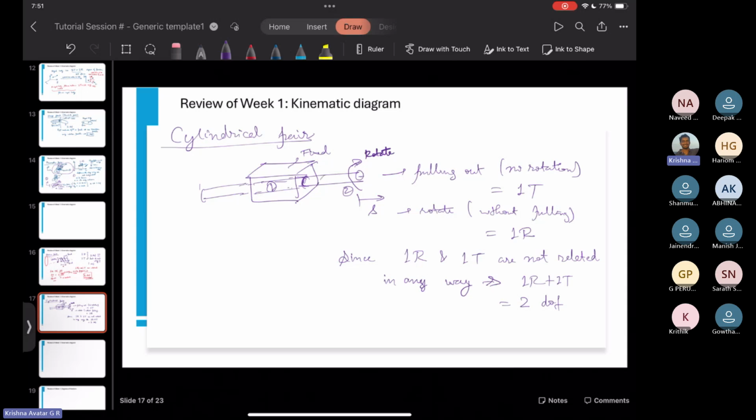However, had this been a screw-like approach, say if this cylinder was threaded, and the block inside was also threaded in an opposite sense, then how many degrees of freedom would it have?